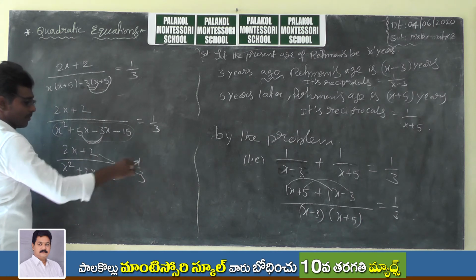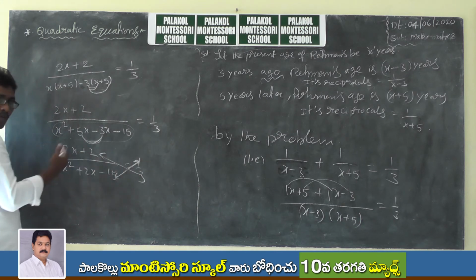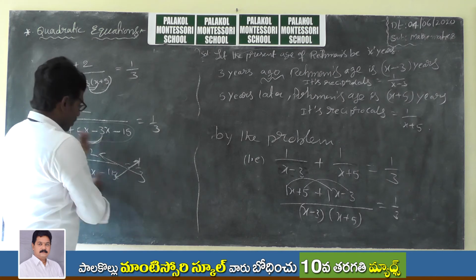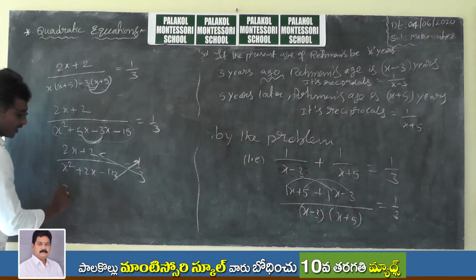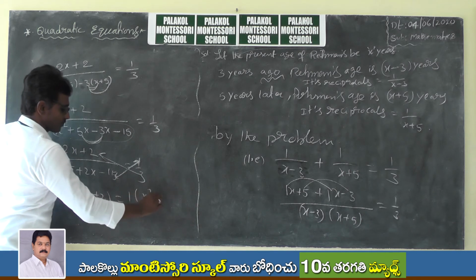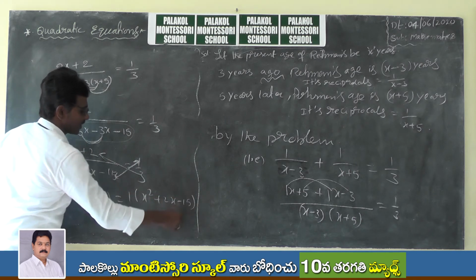That is a cross multiplication. Here, one fraction on the left hand side, another fraction on the other side. So apply cross multiplication: 3 of 2x plus 2 equal to 1 of x square plus 2x minus 15.